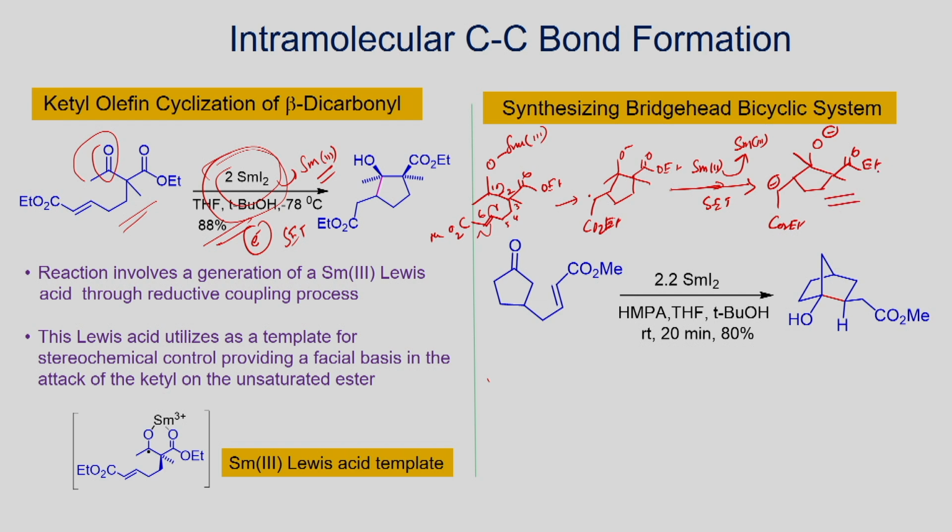When you do the workup, you can get this cyclic compound. As you can see, you need a stoichiometric amount of samarium iodide in this reaction. Since 2 electrons are transferred here, 2 equivalents of samarium iodide are required to successfully complete this transformation.